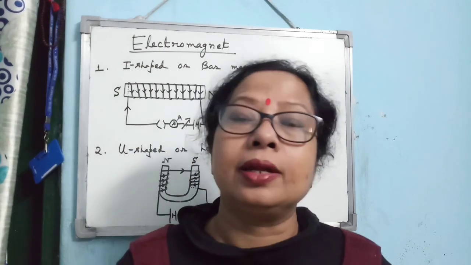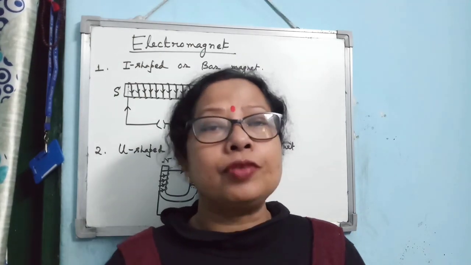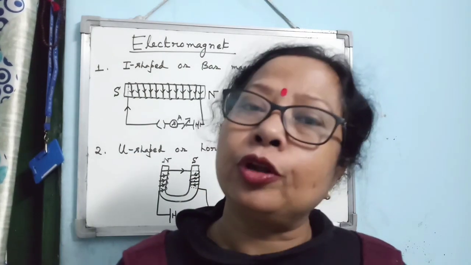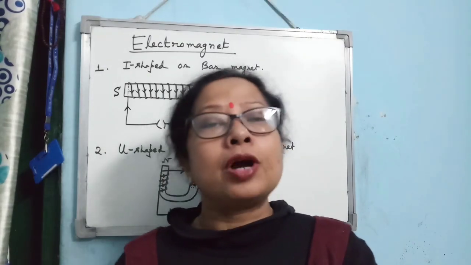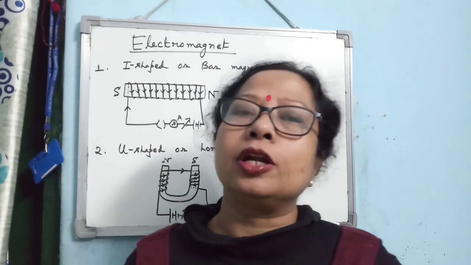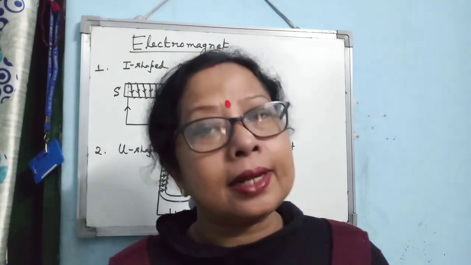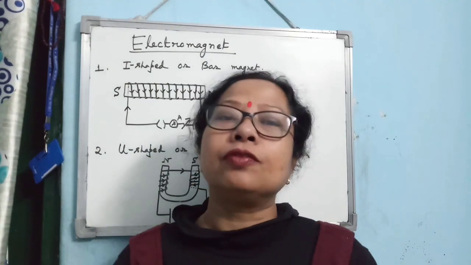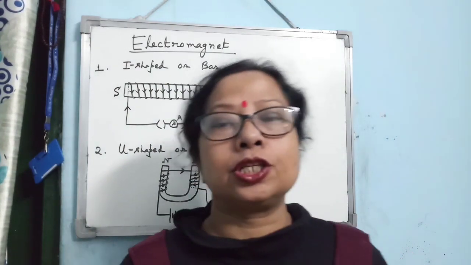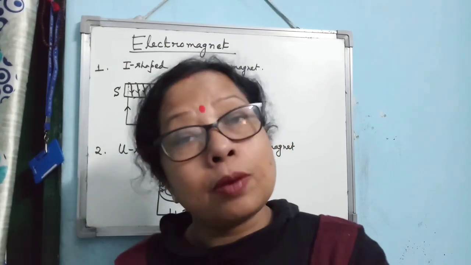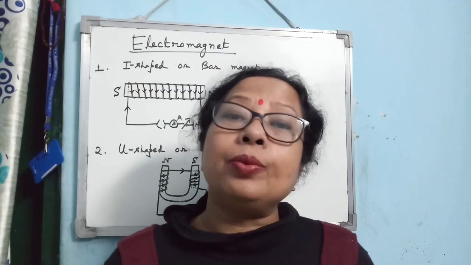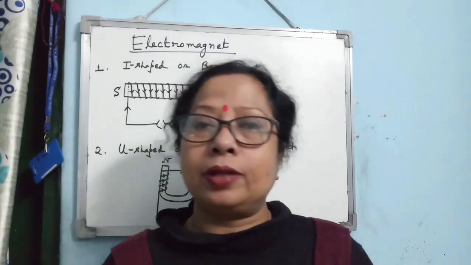Then the second point: in case of an electromagnet, we can change the polarity of the magnet, but for a permanent magnet, polarity cannot be changed. You can write like this: we can change the polarity of the magnet by changing the direction of current. And in case of a bar magnet, you have to write that we cannot change the polarity of the magnet.